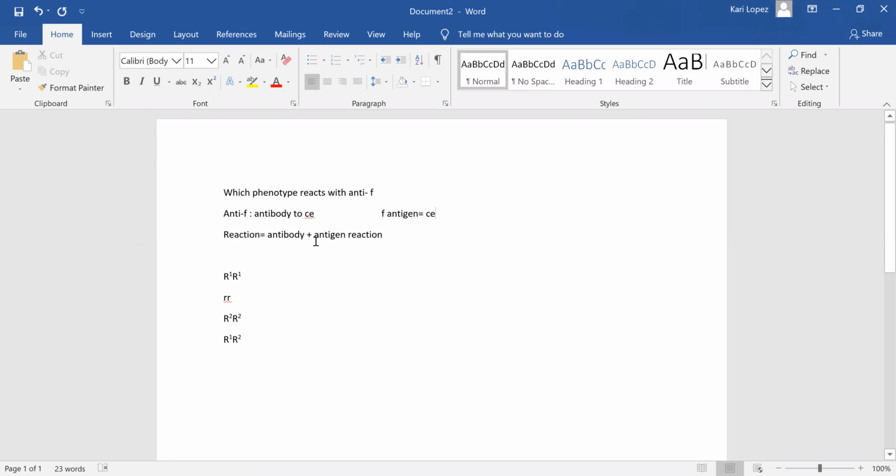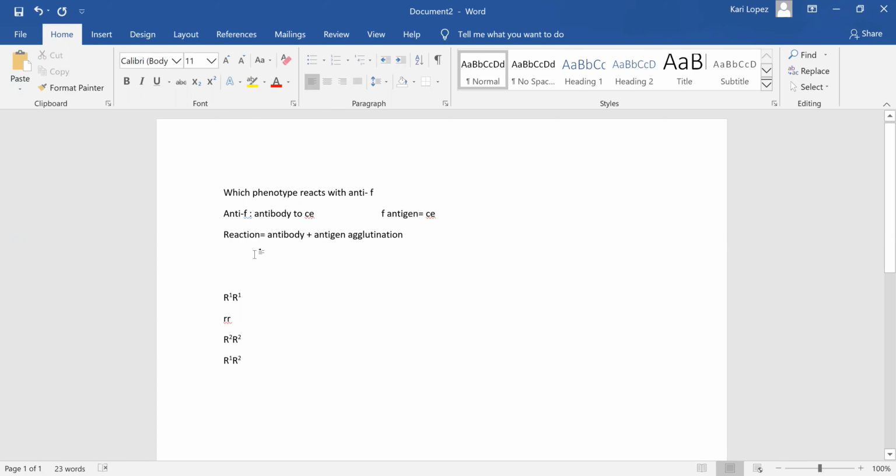Now, a reaction is an antibody and antigen reaction. So that's those bonding together. So if we're getting a reaction, which phenotype reacts with anti-F? We already have the antibody, and you know you need an antibody and an antigen to make the reaction.